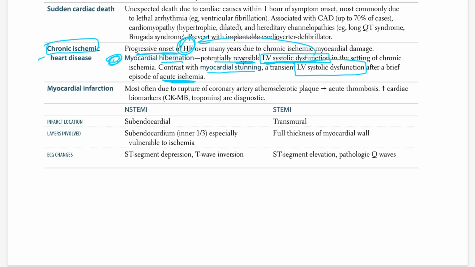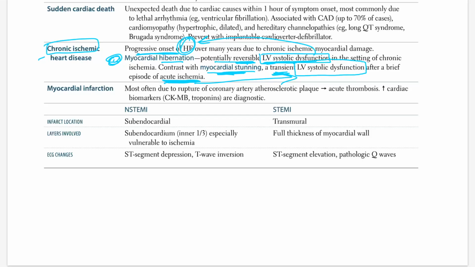But it is reversible. It can be reversed if you fix the ischemia. But with the stunning, you just have a transient, because it's an acute ischemia, transient for a little bit, for the time moment that you have that ischemia, you will go into left ventricular systolic dysfunction.